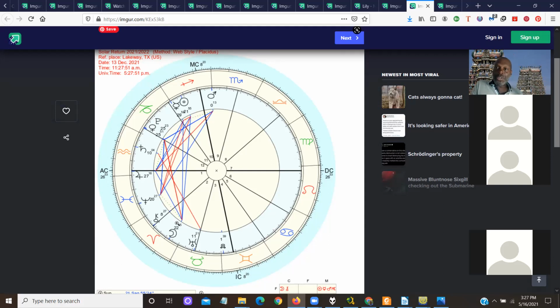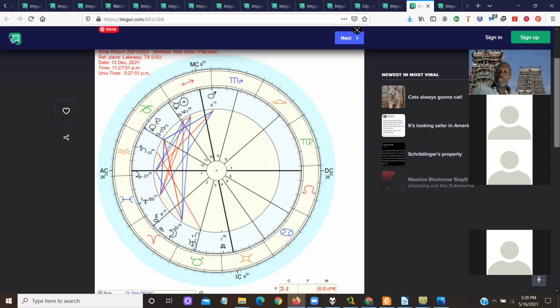A lot of people use lunar returns for their year, for their natal moon, but you should actually be using the lunar return for the solar return moon for every year, right? Because that's what's happening to you in the now.